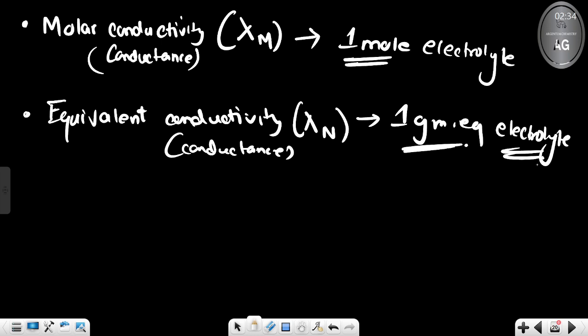The formula for both cases remains the same.